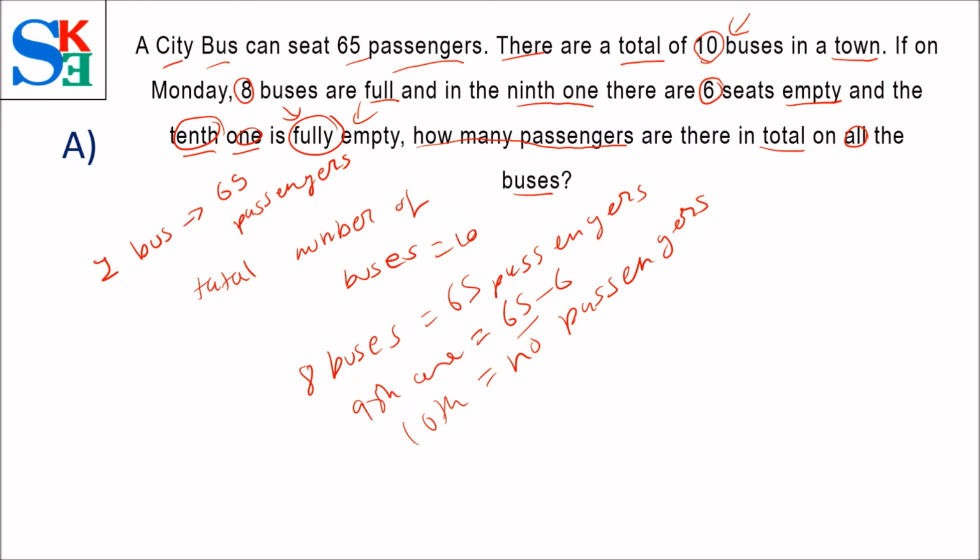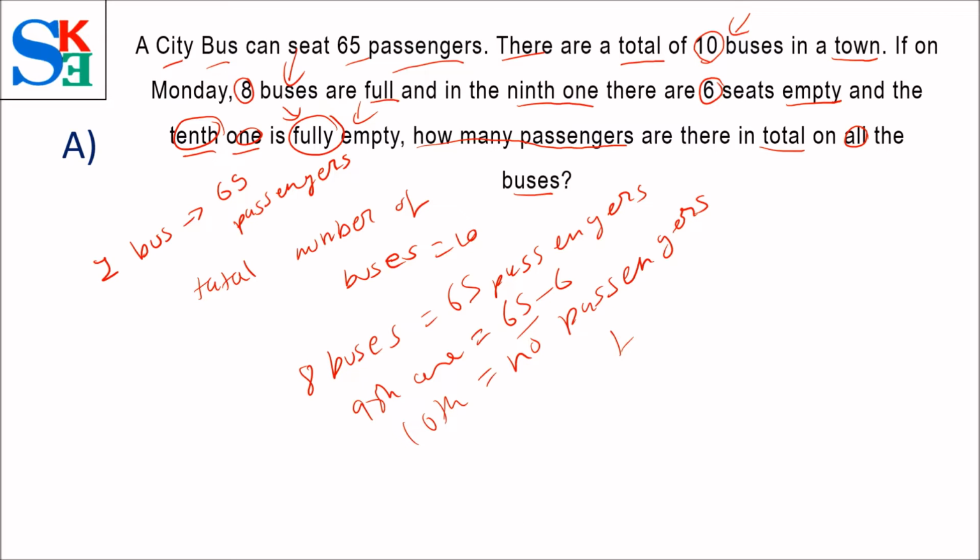And now the question is, how many are there in total, like all the passengers which are boarded onto the buses? Alright, so let's start with working out how many there would be in the 8 full buses, because we know that the 8 buses are full.